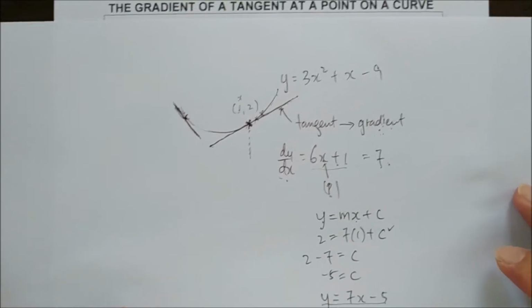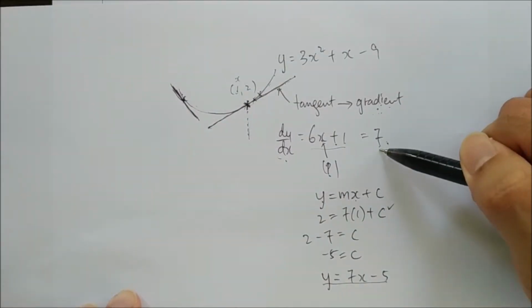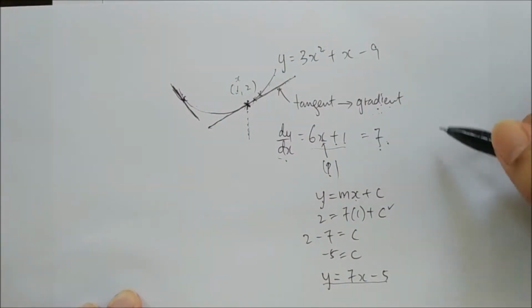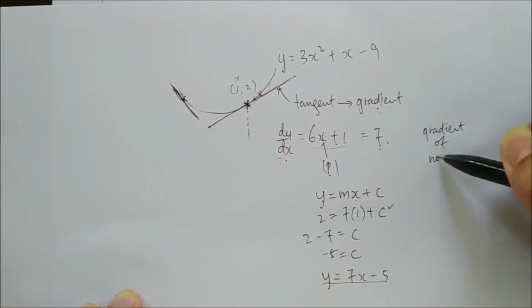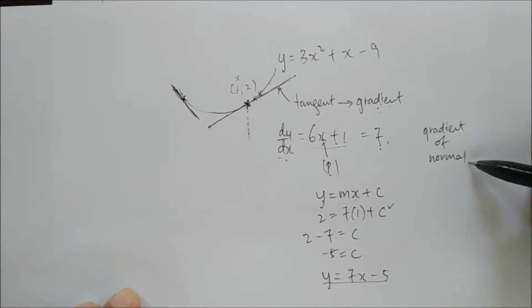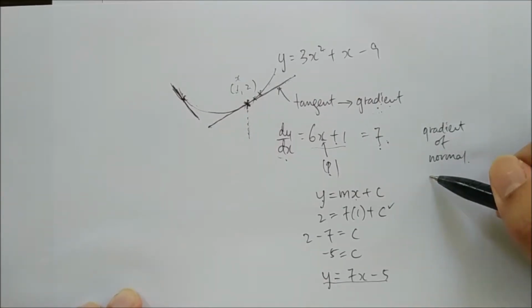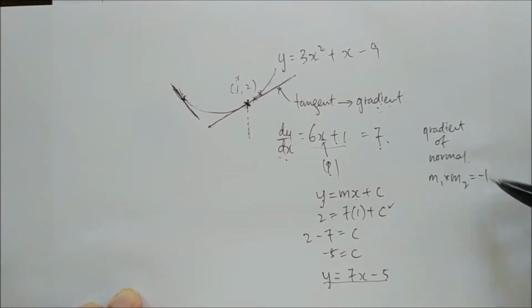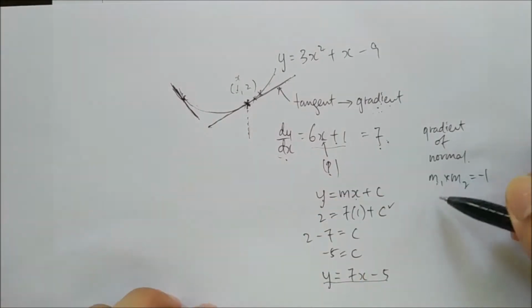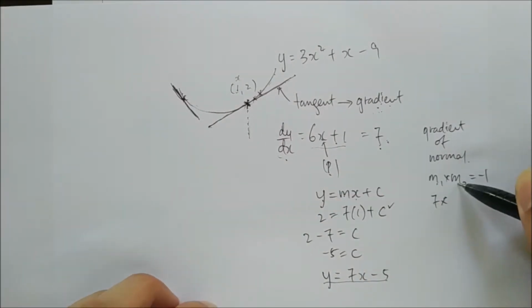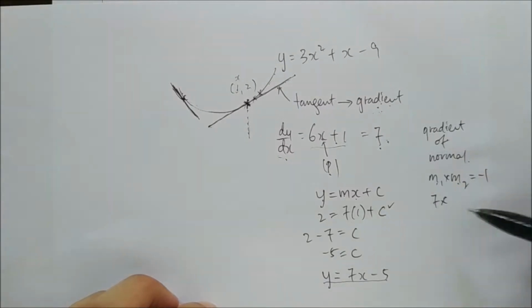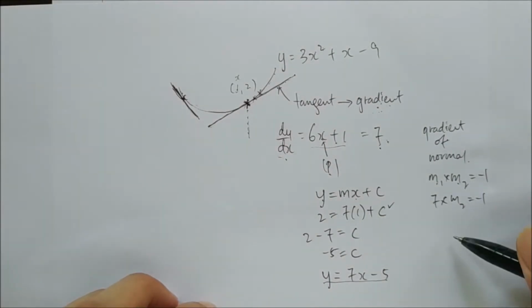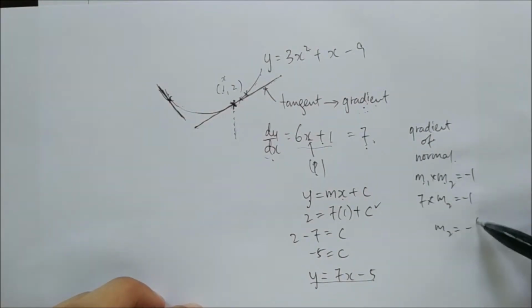And finally, if we can find the gradient of the tangent, we can also find the gradient of the normal. How? By using the property m1 times m2 equals negative 1, where for m1 we take the gradient of the tangent, and m2 will be the gradient of the normal. So m2 equals negative 1 over 7.